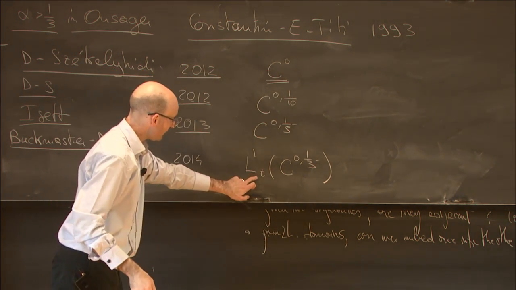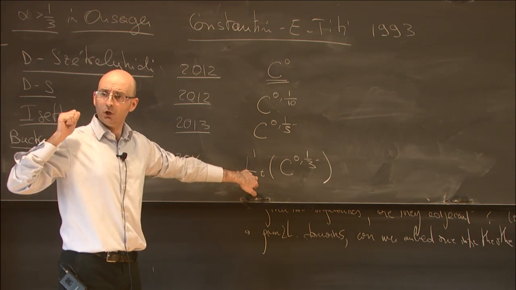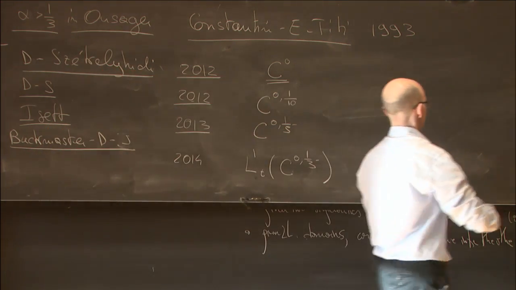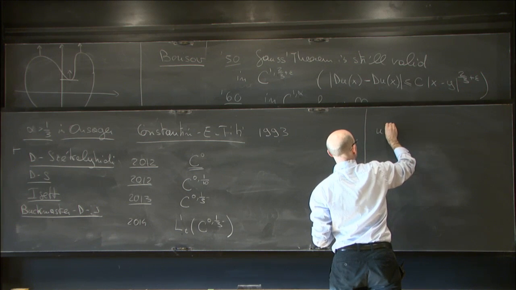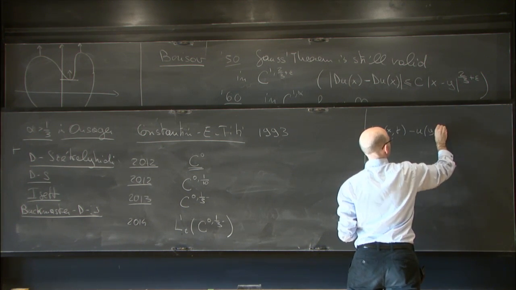Okay, so what does this mean? Actually, if you look at the conjecture of Onsager, he's not claiming any Hölder constant in time. So his Hölder regularity is only in space. And the way he's stating the conjecture is the following.